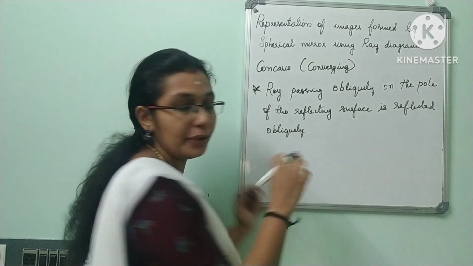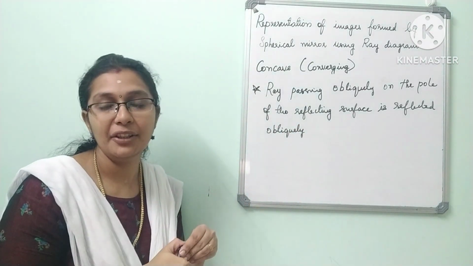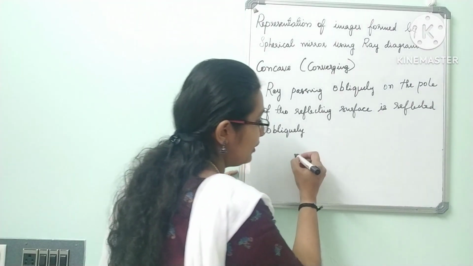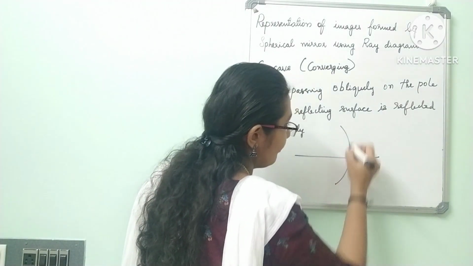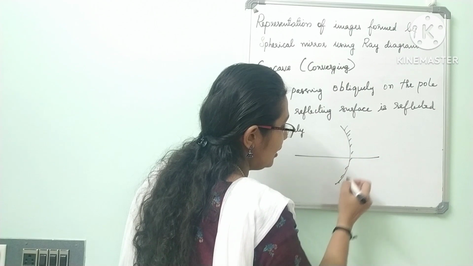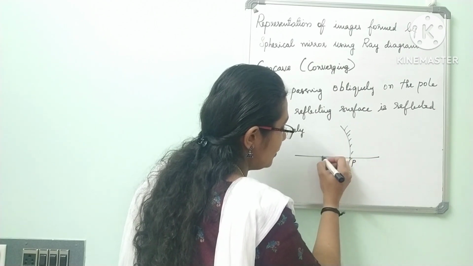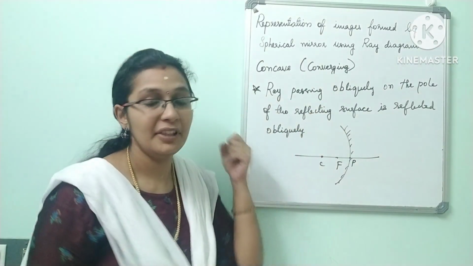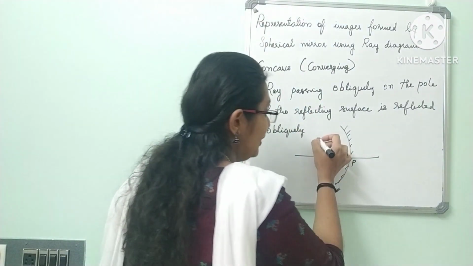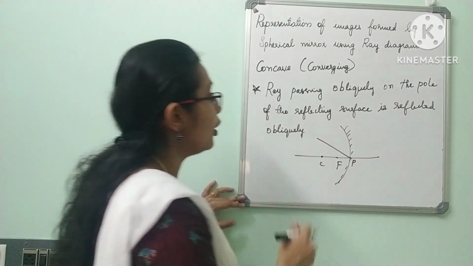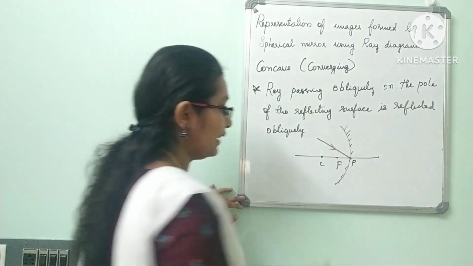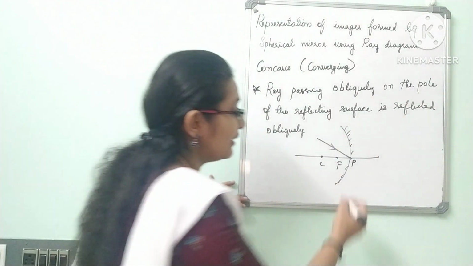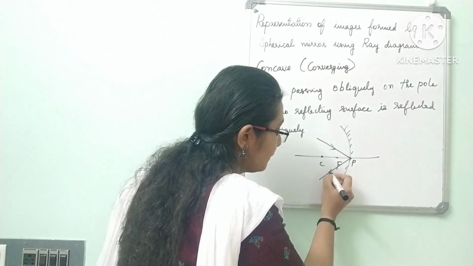Now I'll draw the ray diagram. From that you can understand what we have learned previously. So this is my mirror. This is the pole, center of curvature and focus. So what does the definition say? A ray passing obliquely on the pole of the reflecting surface is reflected obliquely.